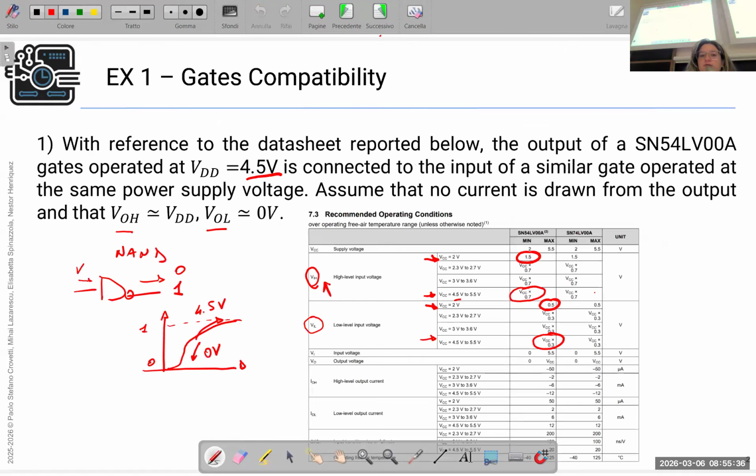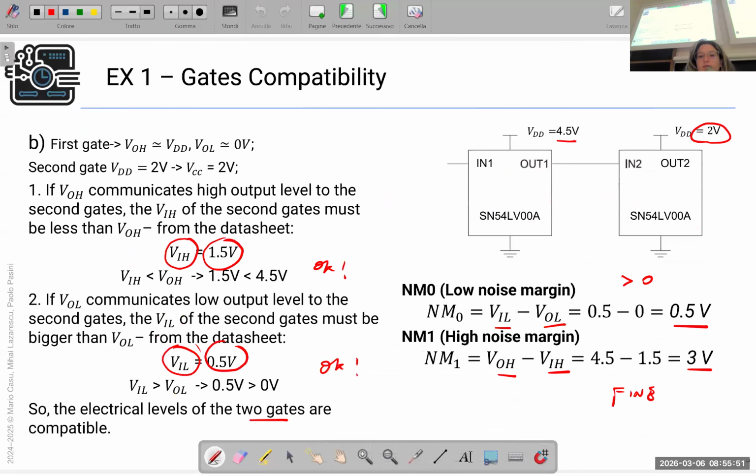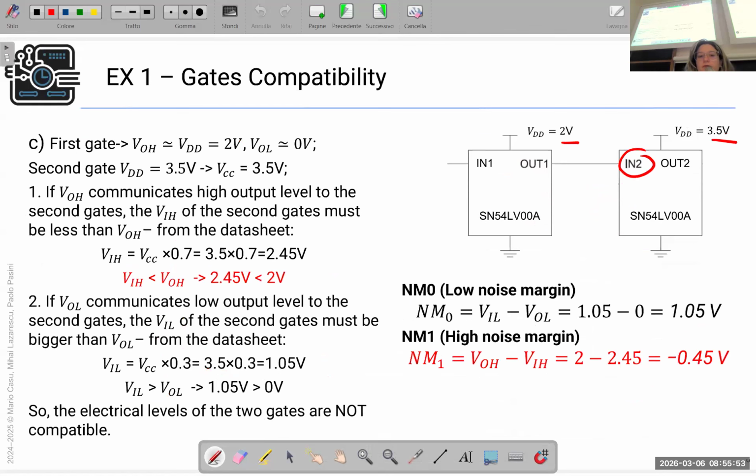So let's see from the datasheet. 3.5 is here. And we still have the same formula, VCC multiplied by 0.7. So 3.5 times 0.7 is 2.45.